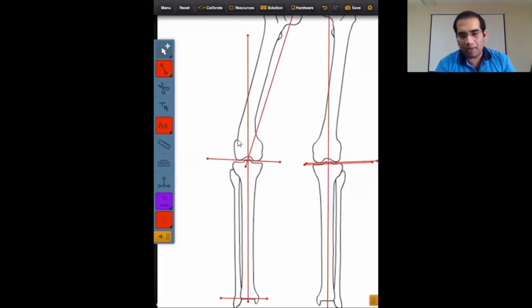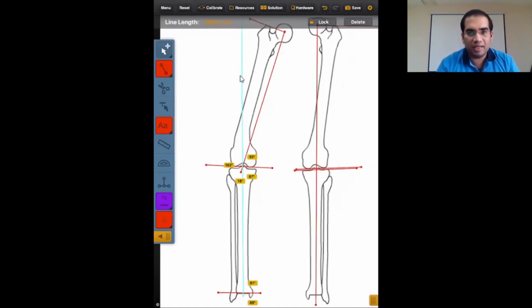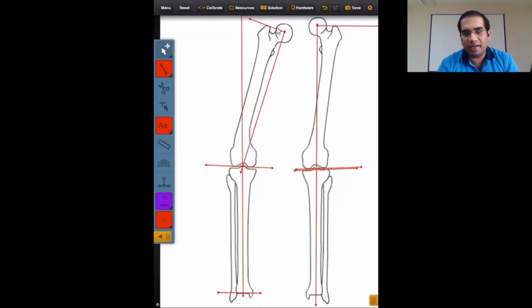Because the tibia is normal, what is the aim of our correction? Let me extend this line a bit further. The aim of all this exercise is to bring the center of the head to here, so that the mechanical axis of the limb is restored.